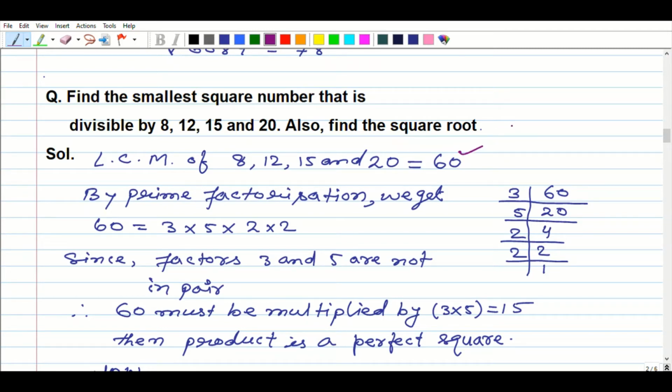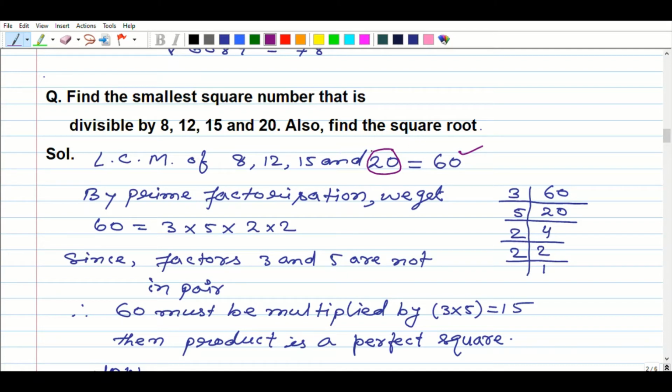Dear learners, when we are going to find the LCM, you take the larger number among them. 20 is larger. Read the table and see whether 8 divides that, 12 divides that, 15 divides that, or 20 also divides it.